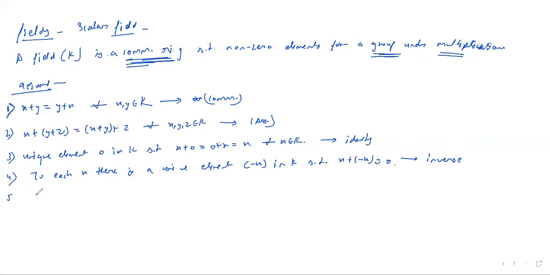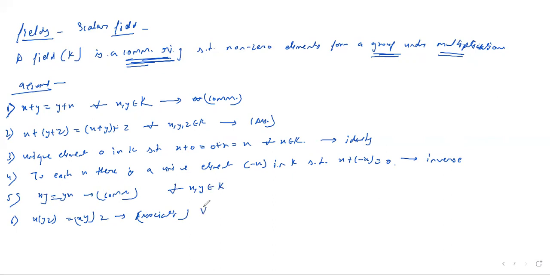Now the fifth one is that xy equals yx, which is commutativity, and the sixth, (xy)z equals x(yz), which is associativity, for all x, y in K and for all x, y, z in K.